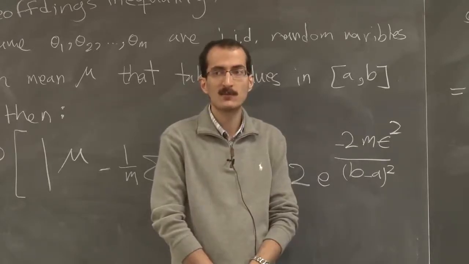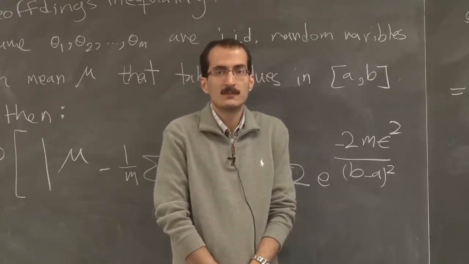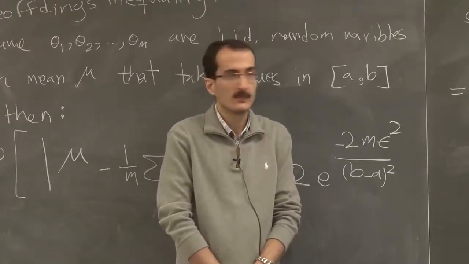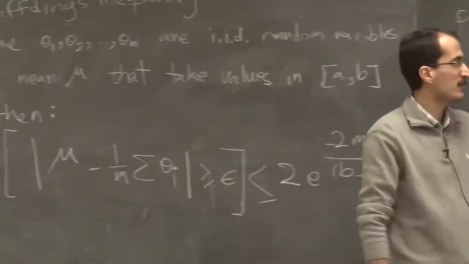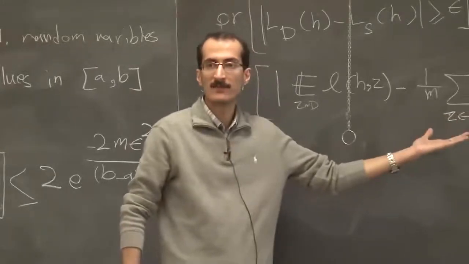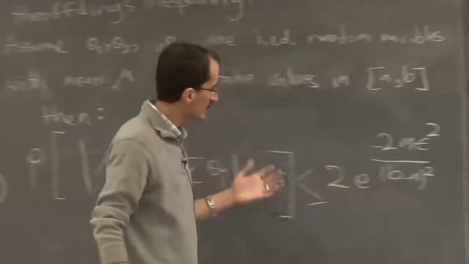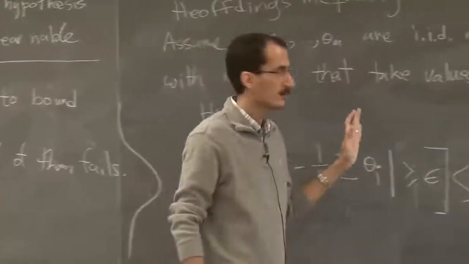So I'm trying to work with some random variables between 0 and 1. I have one empirical average of them and the true average of them. So I can simply use this inequality.